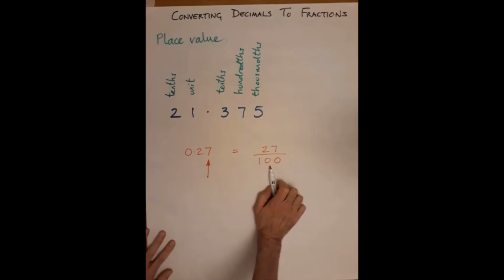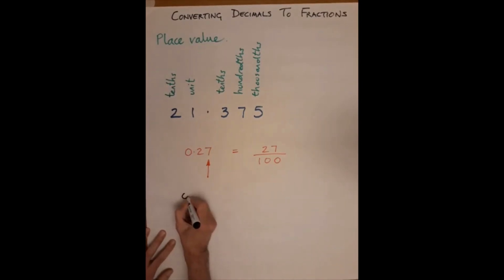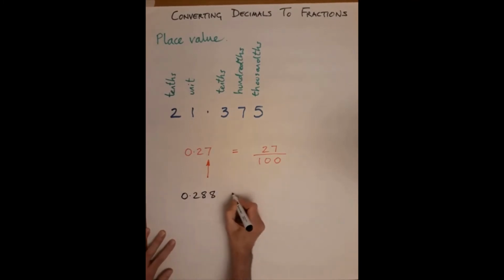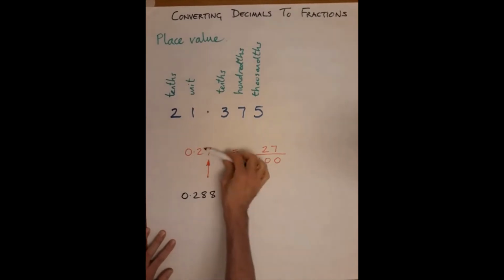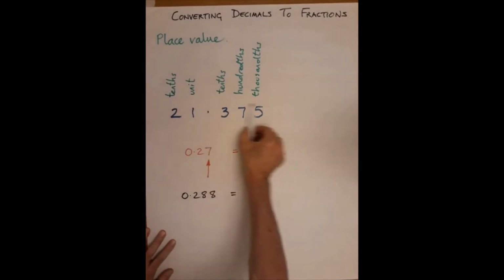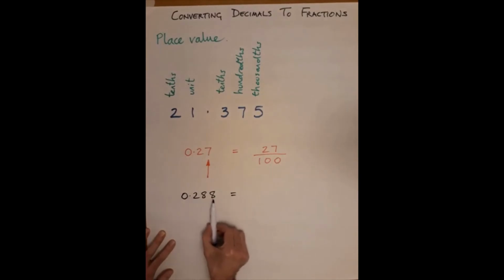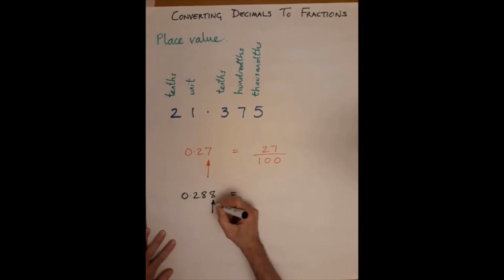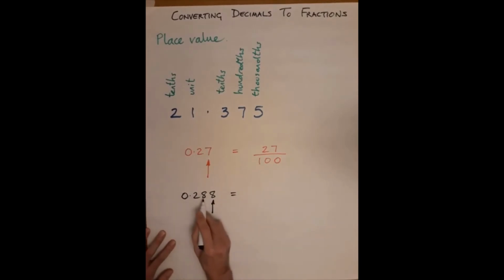Let's consider a different example. Let's take 0.288. Just realised these numbers are quite close in value. It's purely random. So if we consider the place value, the smallest digit is this one. So this is going to be in the tenths, hundredths, thousandths column.